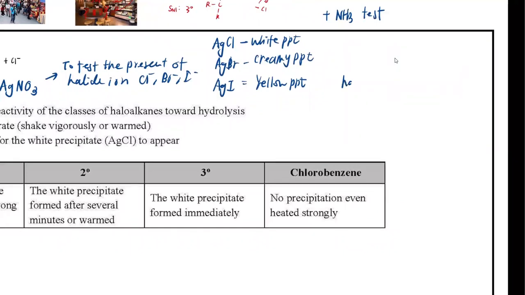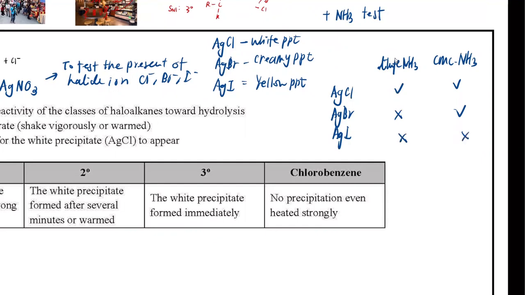This is the halide: AgCl, AgBr, AgI, with dilute ammonia and concentrated ammonia. AgCl dissolves in both dilute and concentrated ammonia, whereas AgBr only dissolves in excess, concentrated ammonia. For AgI, it does not dissolve in either solution.